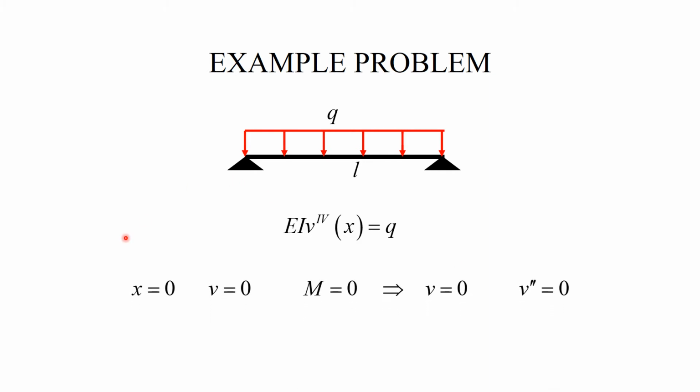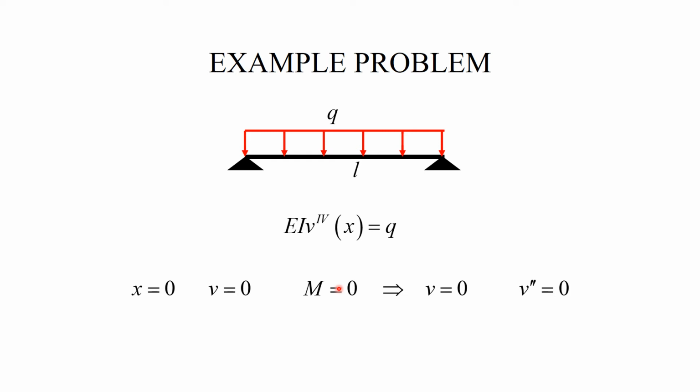At x equal to 0, we have a roller or a pin. It doesn't matter. The important thing is that the displacement is equal to 0 because it's a pin, and also the moment is equal to 0 because the rotation at the support is not constrained.